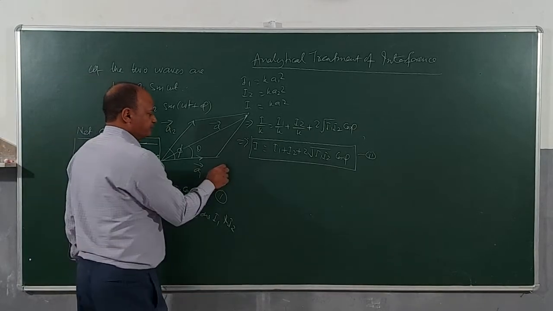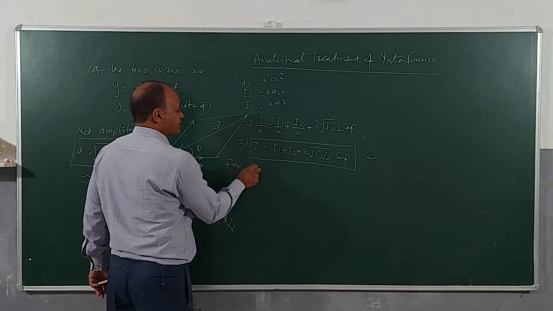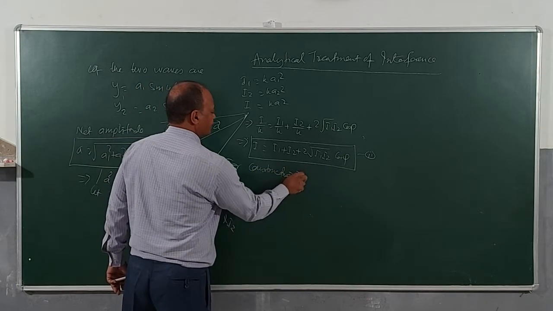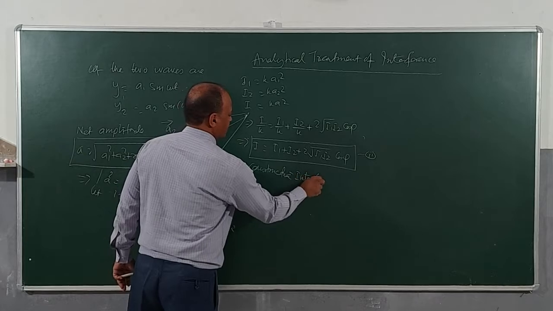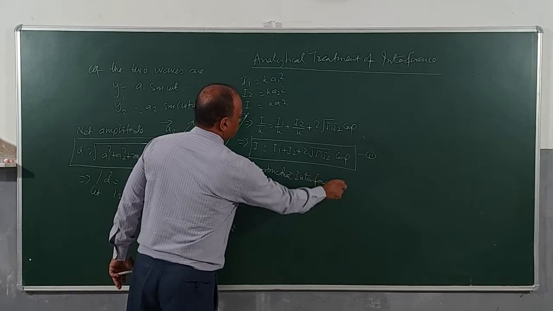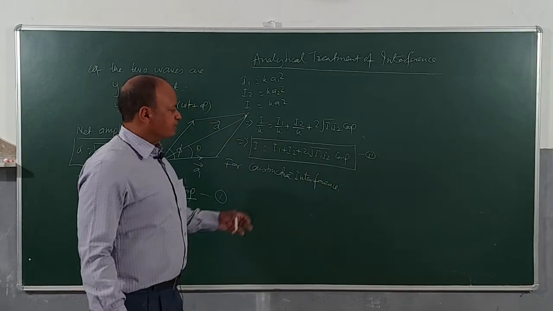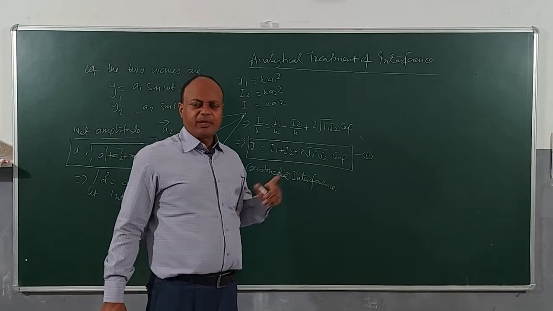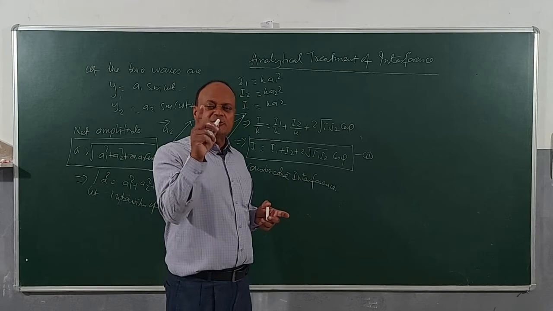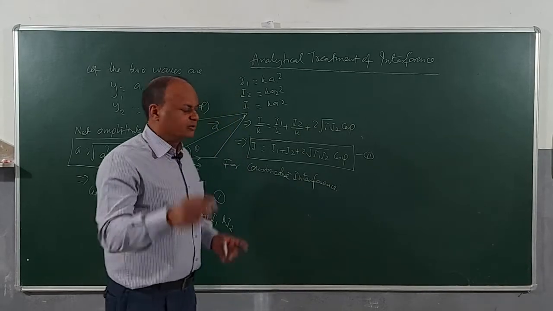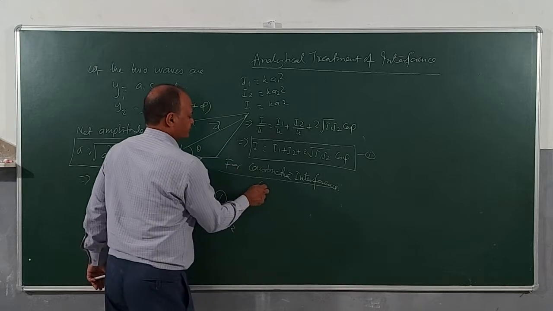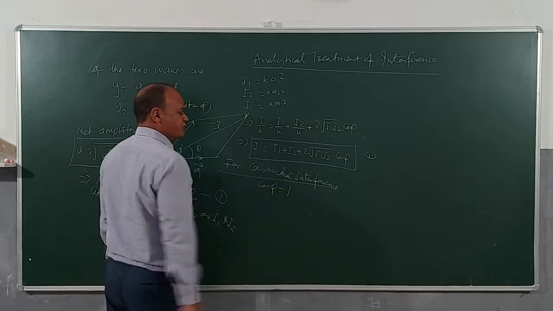So for constructive interference, children, the value of cos phi should be maximum. I know the maximum value of cos theta is 1. So for constructive interference cos phi should be 1.